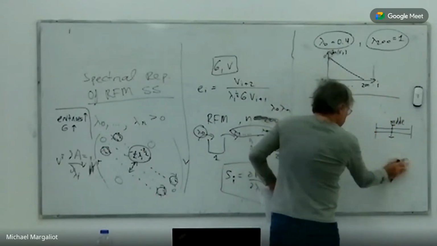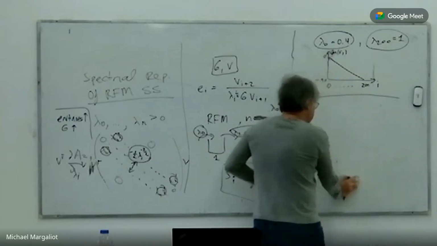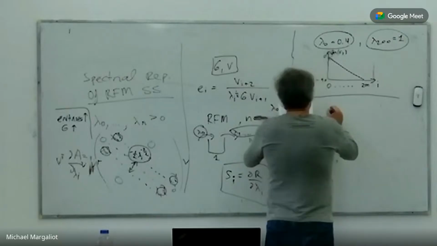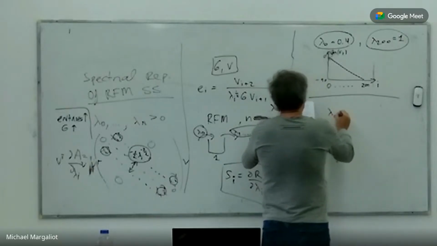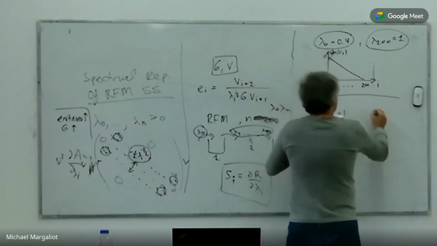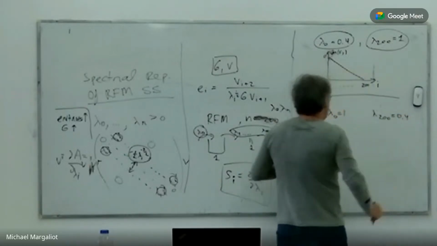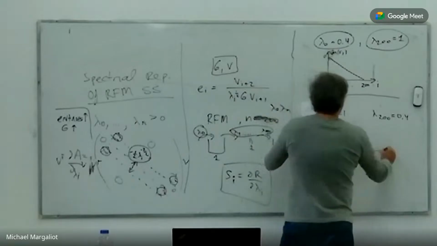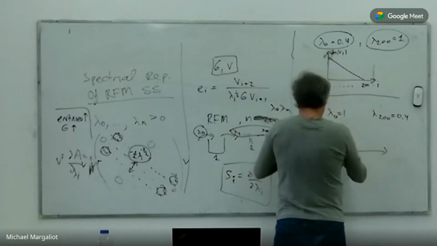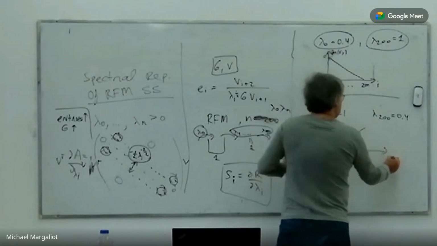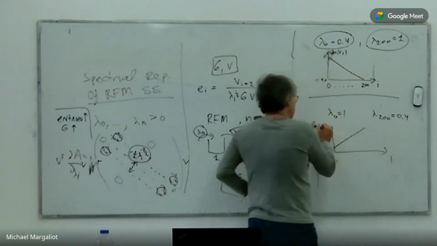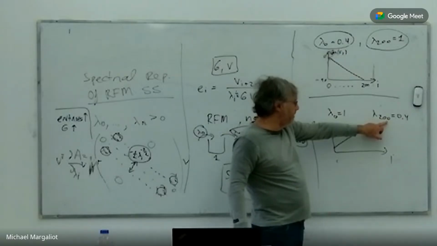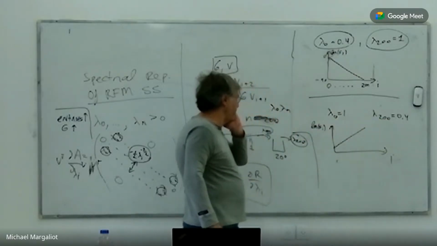And of course, we can also take the case where, the dual case, where now lambda 0 is 1, lambda 200 is 0.4, and all the other rates are 1, and then I will get something very similar to this, but now in the opposite direction. So now it is the exit rate that is the bottleneck.